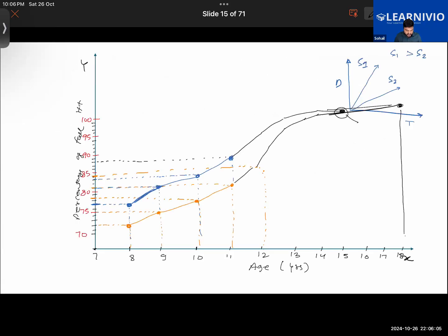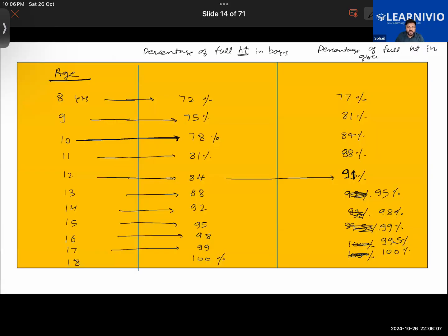So by the age of 12, what is the percentage of full height in the case of the boy? 84% of the height has grown at the age of 12. See over here.